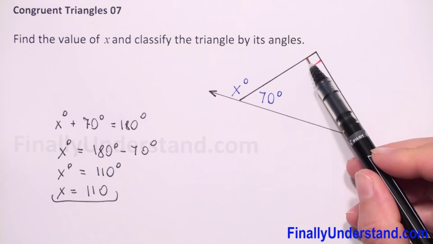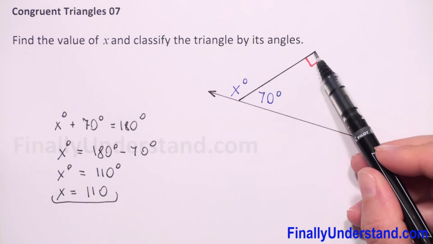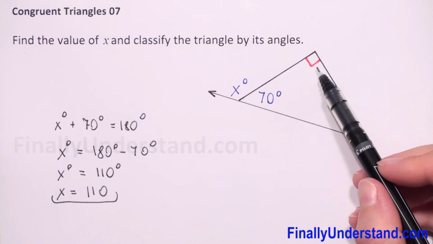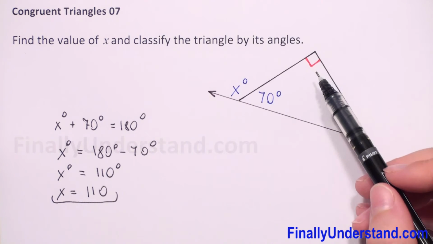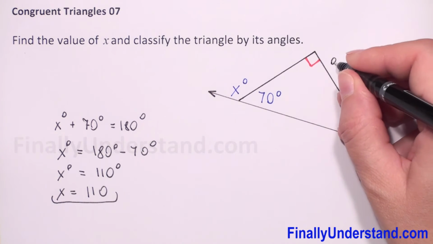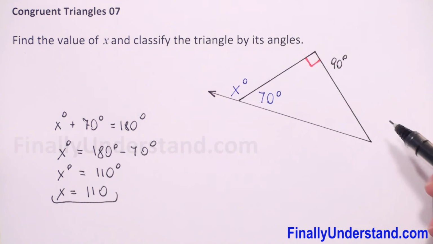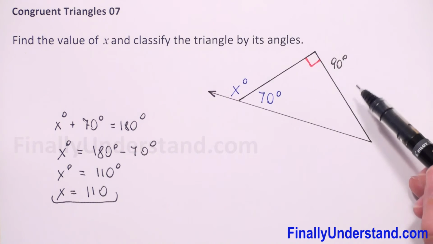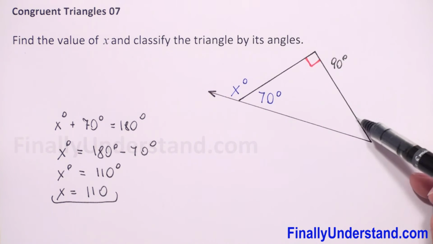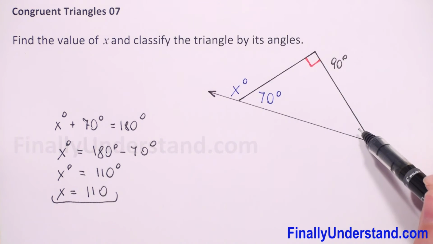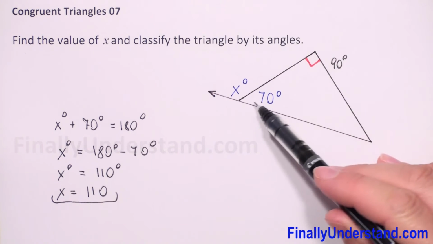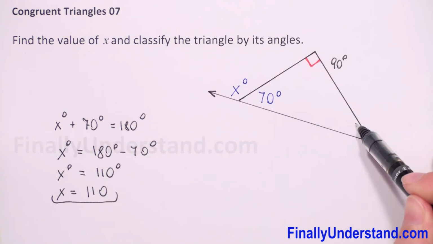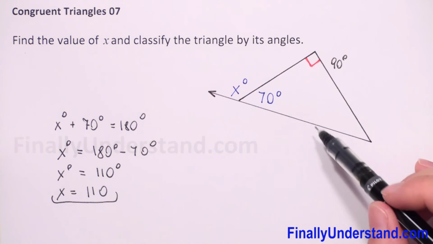Here this red line means that we have a square here. It means that this angle is a right angle, so it has 90 degrees. So now it doesn't matter the measure of this angle, because this angle of course is less than 90 degrees, because the sum of the interior angles of a triangle is 180 degrees.